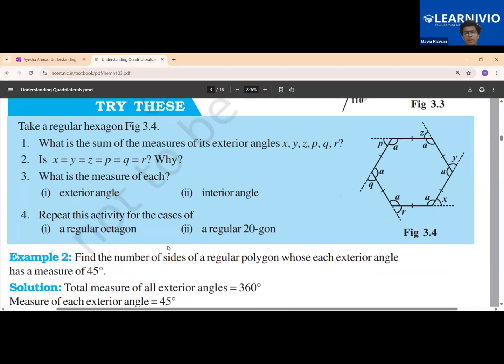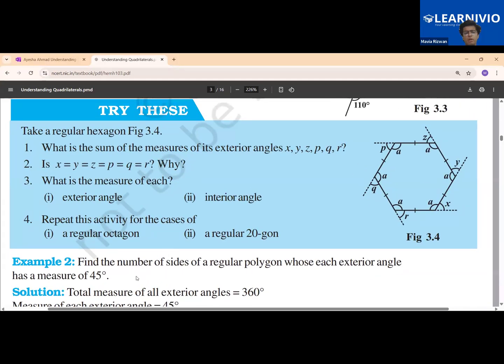Find the number of sides of a regular polygon with each exterior angle. Aisha, try example number 2.